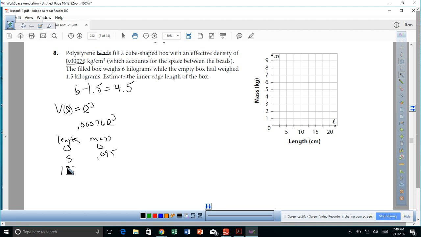If you put in 10, you're going to get 0.76, and 15 will give you 2.565, and 20 will give you 6.08. So that gets us past 4.5. So we know our answer is going to be somewhere between 15 and 20.